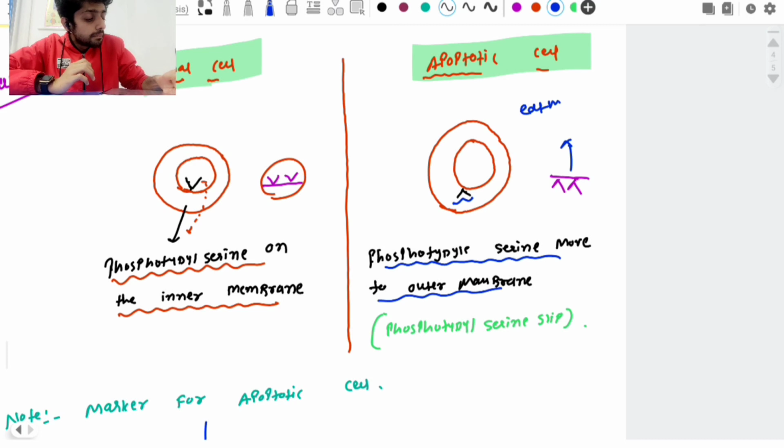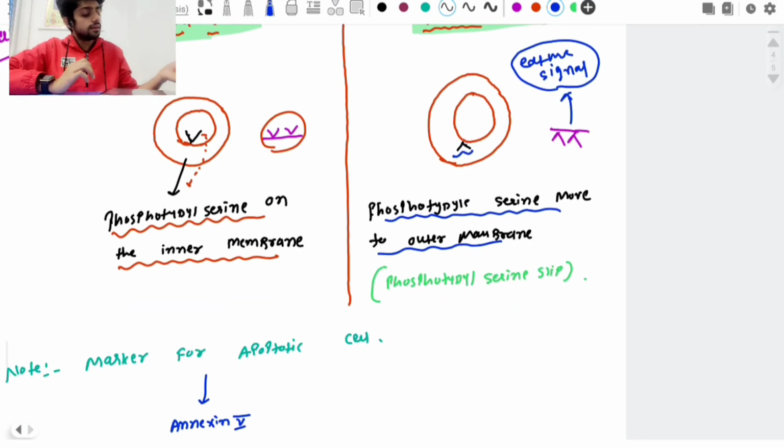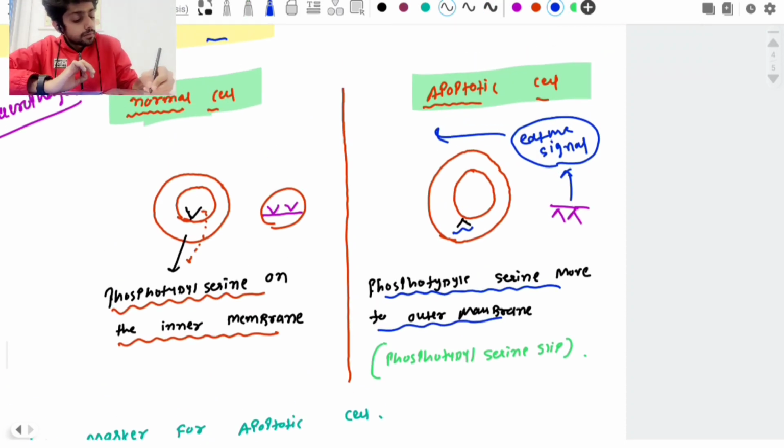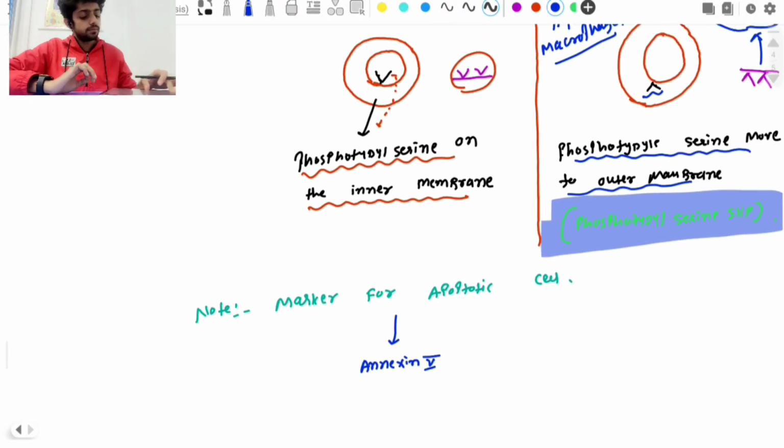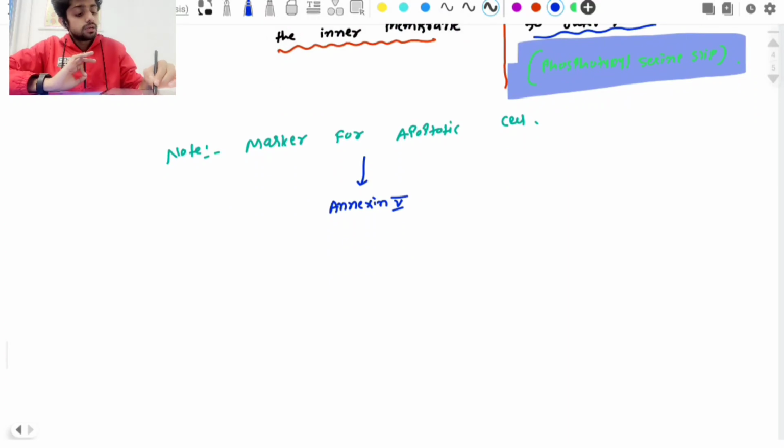Eat me signal, and that leads the macrophages to be attracted to this eat me signal, and they come and engulf this cell, engulfed by macrophages. So this procedure is called what? Phosphatidylserine flip.